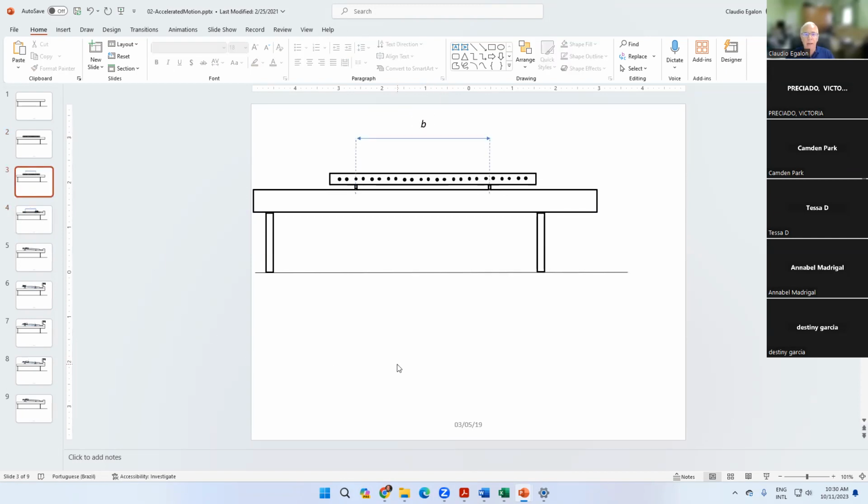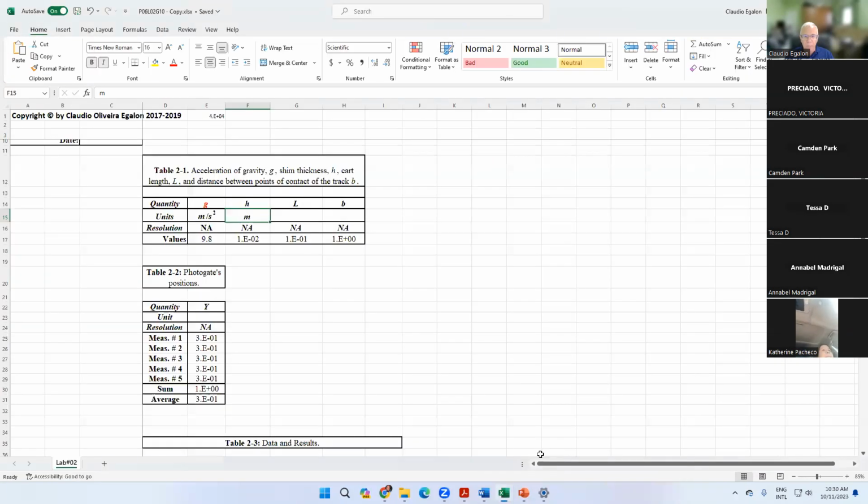We're going to need the distance between those 2 legs. We put B right in here. You have to put the proper units. It's roughly 1 meter.